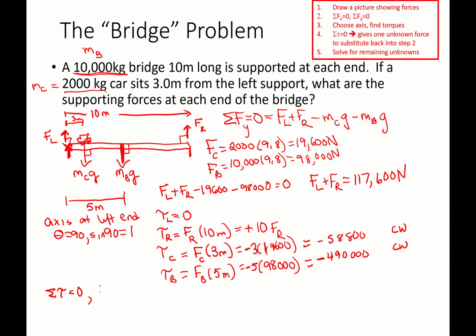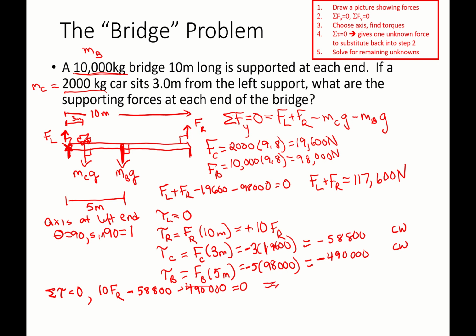So 10 Fr minus 58,800 minus 490,000 equals 0.